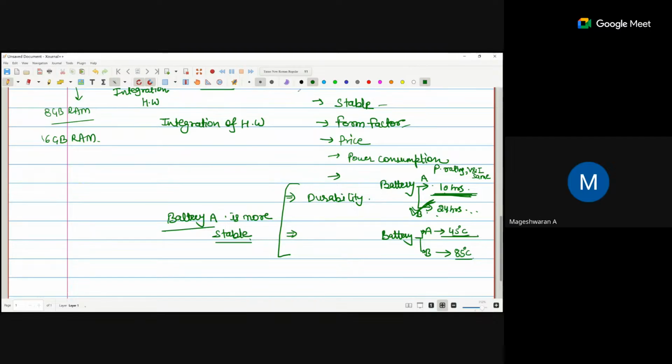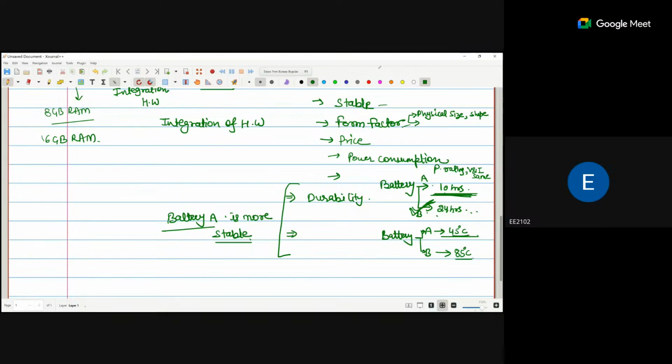No sir. Okay, now if we are talking about the form factor, it has certain parameters. If you use any chip, what is the physical size? What is the shape of the chip?